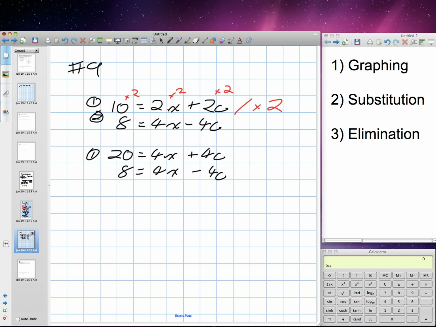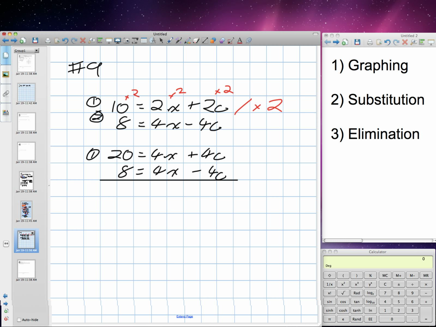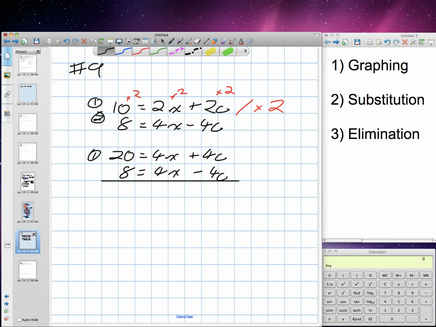Depending on which variable I want to eliminate, x or c, I have to decide what operation to use. I can add or I can subtract. Personally, I like adding. If I add these, which variable will be eliminated? The c. Plus 4 plus negative 4 will eliminate them. So 20 plus 8 is 28, 4x plus 4x is 8x, and 4c minus 4c is 0.